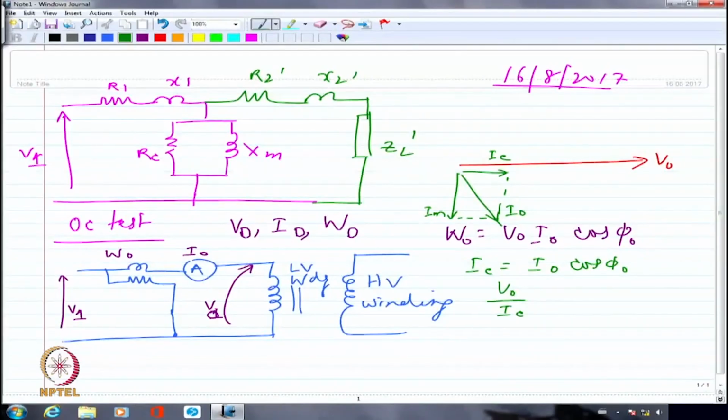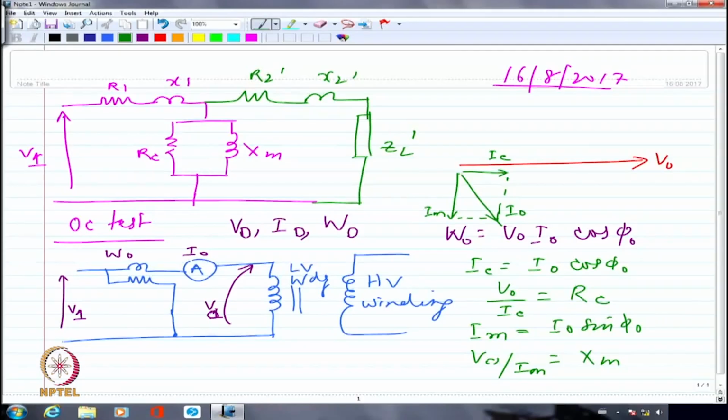Okay, and similarly IM, or the magnetizing current, is I0 sin phi naught. So I am going to write V0 by IM is equal to Xm, right? So I have got the parameters which are corresponding to the parallel parameters, that is whatever is my RC and Xm, that's it. These two are determined based on my no load test or open circuit test.